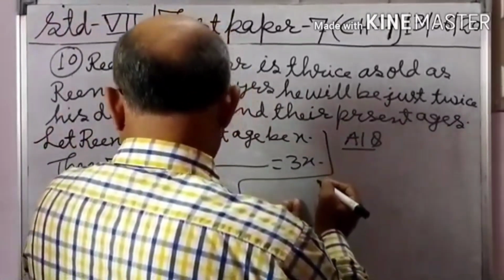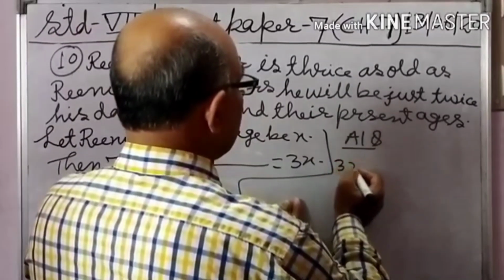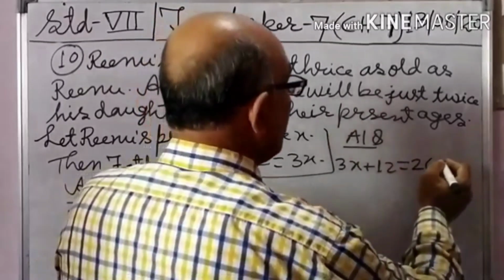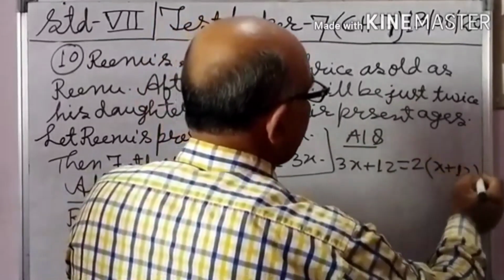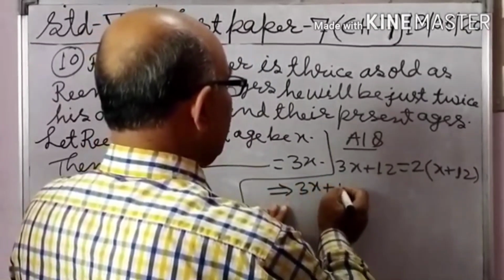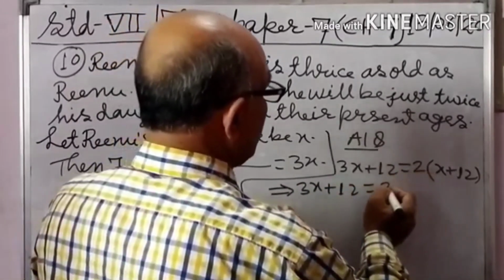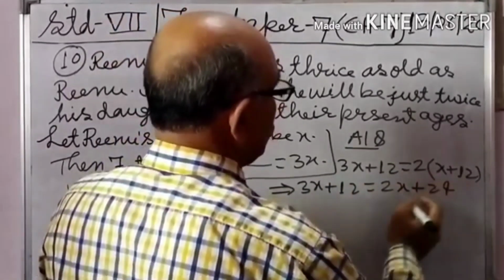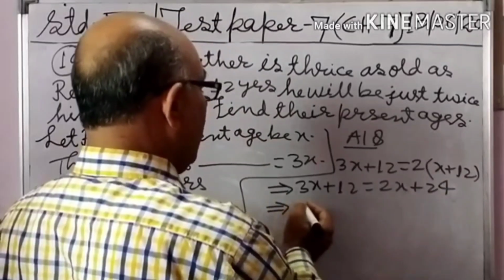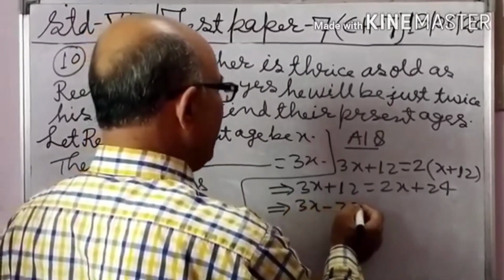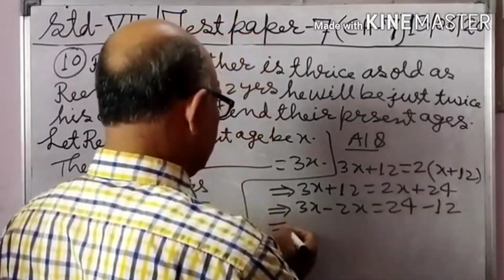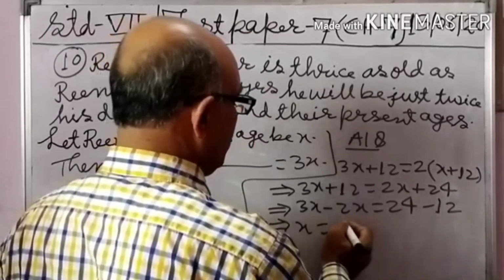So father's age is 3x plus 12, just twice, 2 into x plus 12. That implies 3x plus 12 equals 2x plus 24. That implies 3x minus 2x equals 24 minus 12. That implies x equals 12.